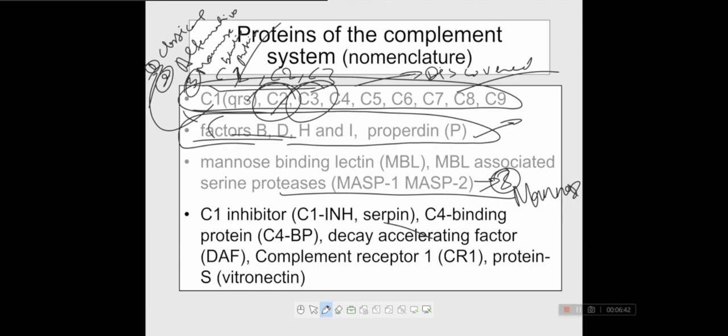And last are C1 inhibitor, C4 binding protein, decay accelerating factor, complement receptor, and protein S.